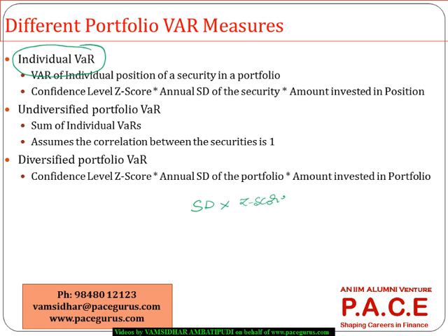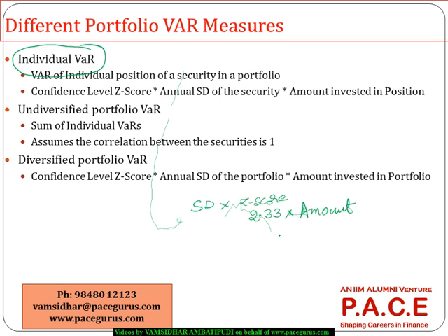So if I am going with a 99% confidence level, which is the 1% VAR calculation, then I will multiply the standard deviation by 2.33, and then multiply it by the amount that is invested. That is the value at risk of an individual security.